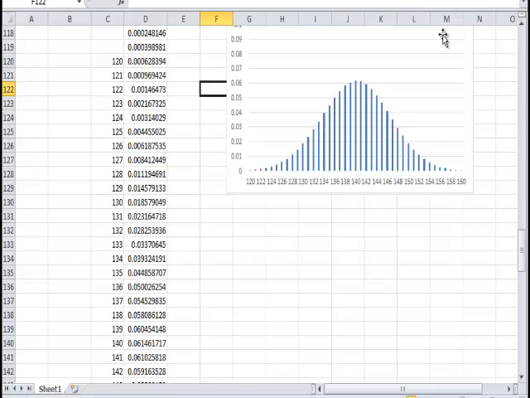So the peak has gone down, but not by half. Actually, the peak goes down by a factor of the square root of n. So you are multiplying the probability by 1 over square root of n.